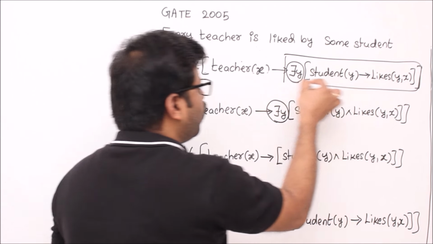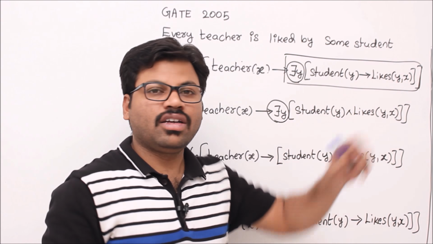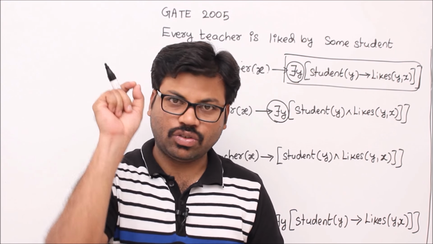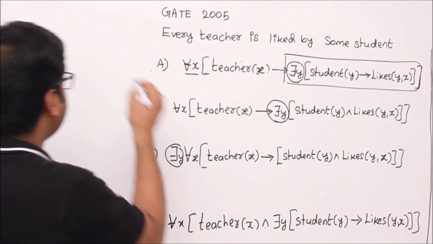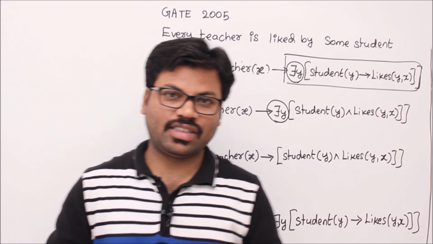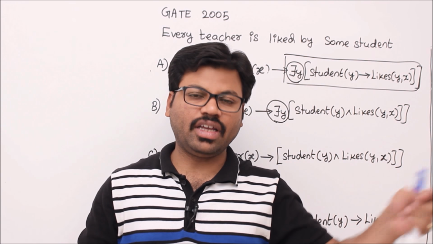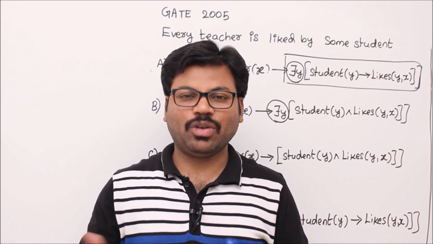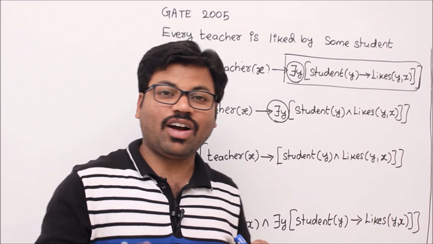It is about claiming there is some student who likes x, right? How do you write this kind of statement? There is some student who likes x. It is like there is some cat who is intelligent. Both are the same. Try to understand. Whenever there is some cat who is intelligent, how have you written it?